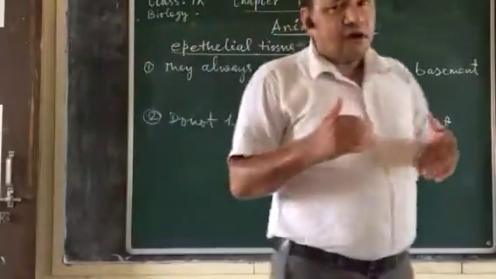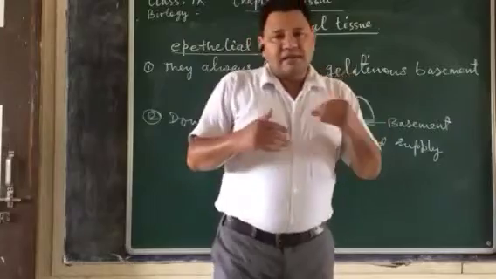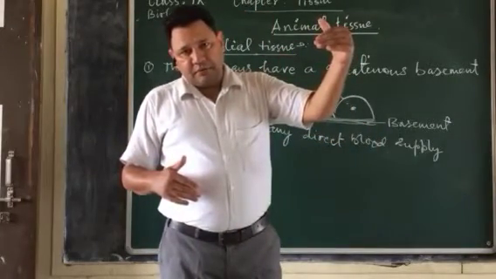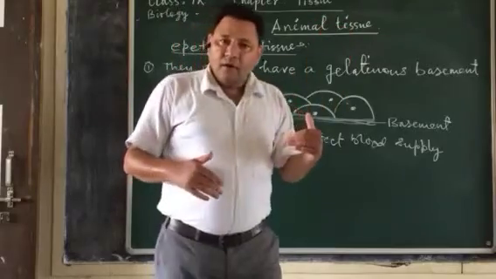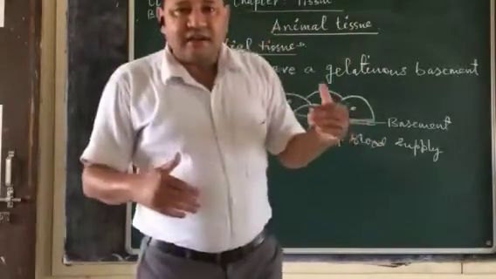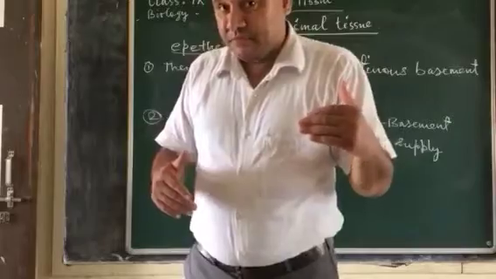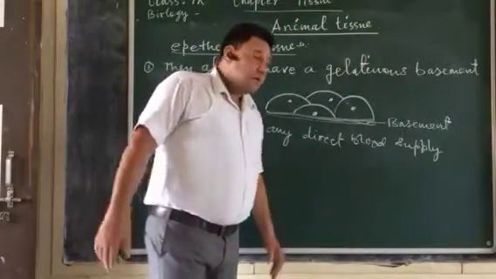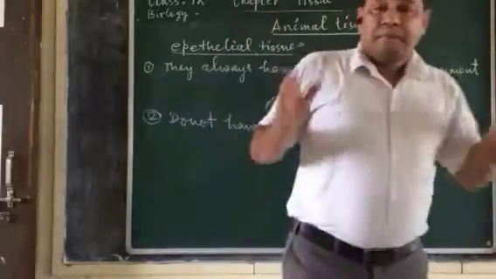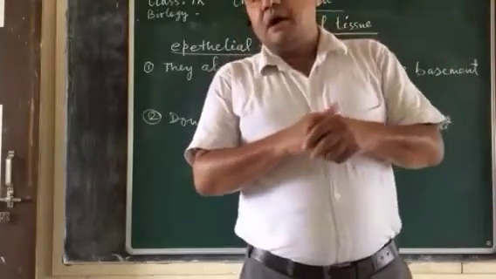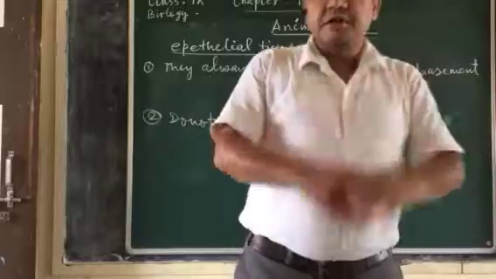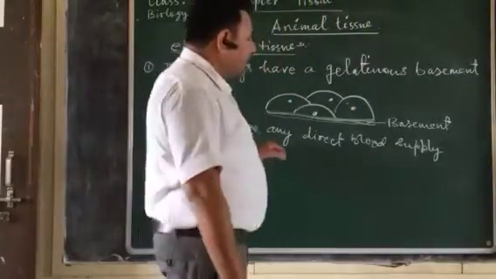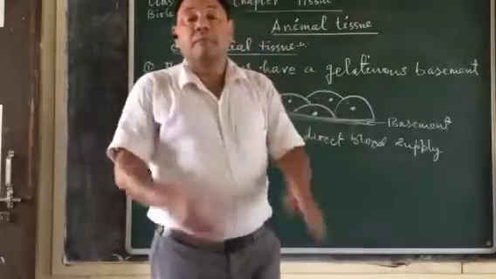And the reason is this: because they are present uppermost part of our body. Therefore, much more chances are there to be injured. So if there will be direct blood supply, then a big loss of blood may occur. In order to prevent big loss of blood, they don't have any direct type of blood supply.